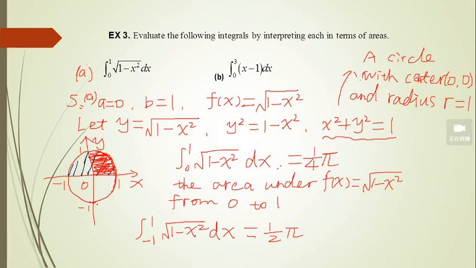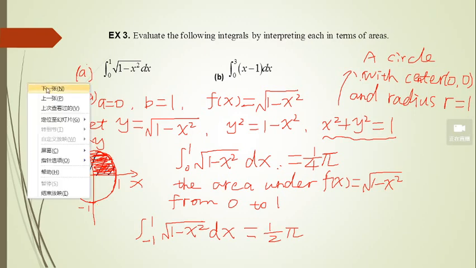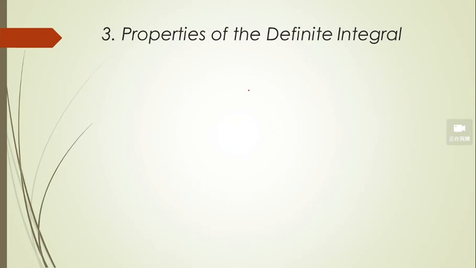Trapezoid, triangle, rectangle, and circle, some familiar old formulas. Now we are going to talk about the last part, the properties of the definite integral for section 2. Now let's take a 5 minute break, okay? Take a 5 minute break, then we come back.